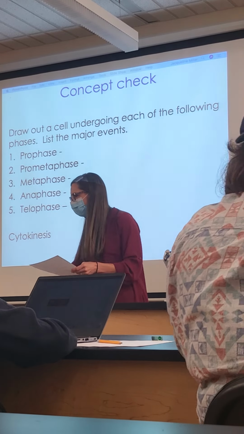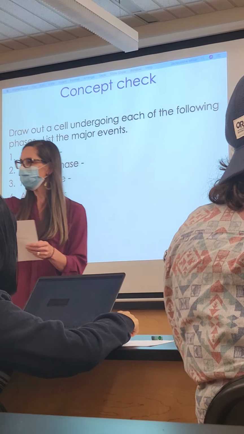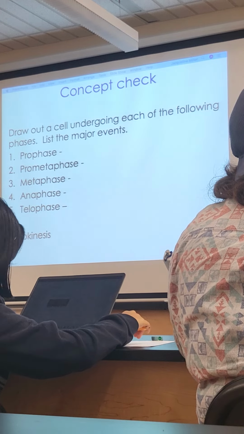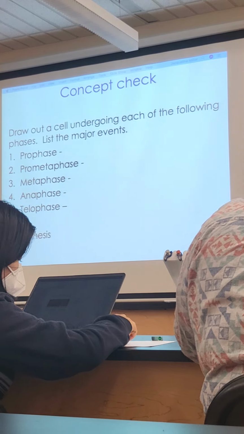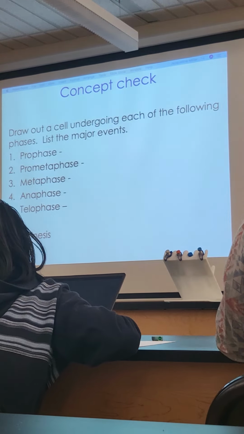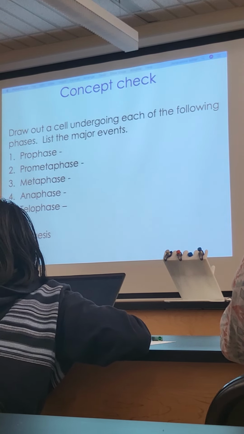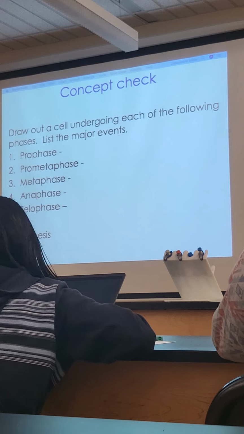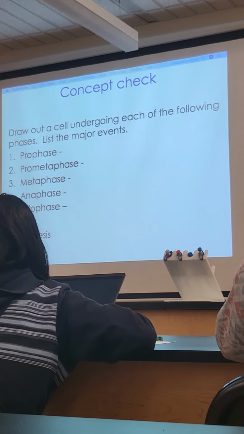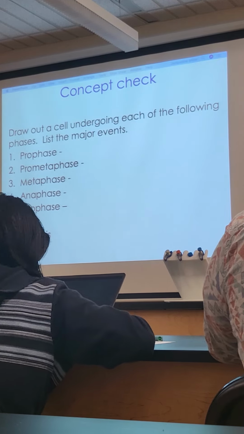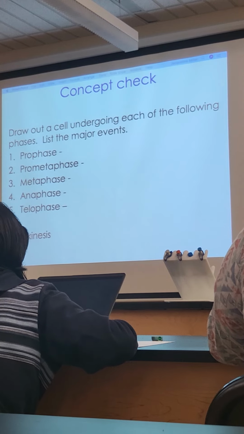Why don't you two talk about prophase? This group of 3 could do metaphase. I don't know if you want to work by yourself or if you want to join them. You can show us about anaphase. And then you can do telophase and then cytokinesis. So just think about what is happening during those events.